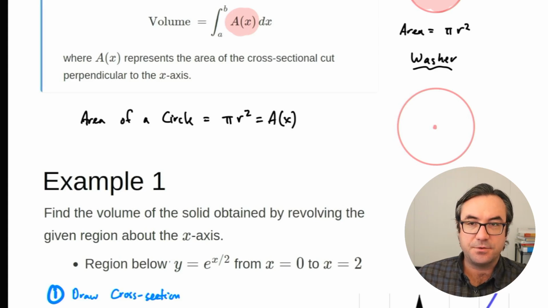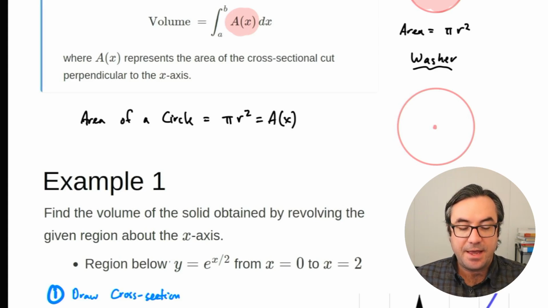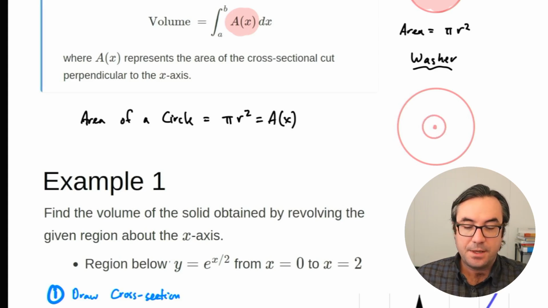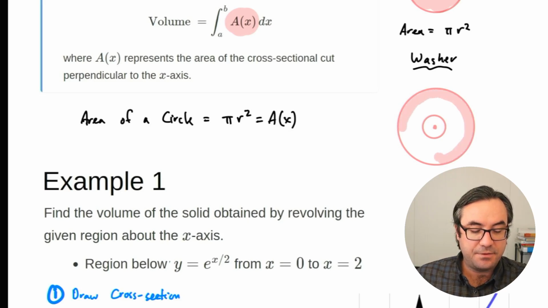That's where our axis of rotation is. And then inside we're going to have a smaller circle, and we're removing that. So we're going to figure out the area for this donut shape where the center's removed.